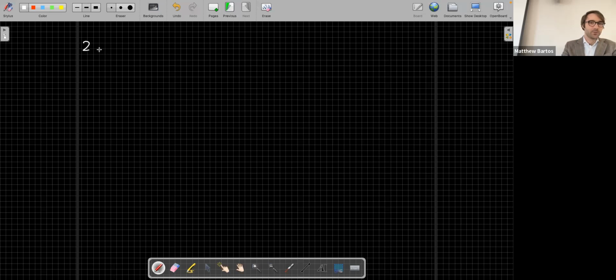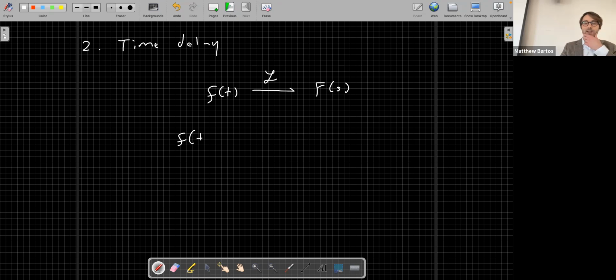Property number 2, time delay. Okay, so if we have a function f of t that maps to F of s in the frequency domain, and we take our original function in the time domain and delay it by some time tau, so now when I'm writing f of t minus tau, that means we're shifting the function by tau to the right.